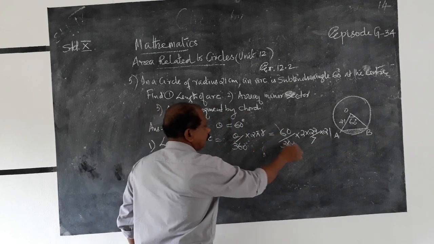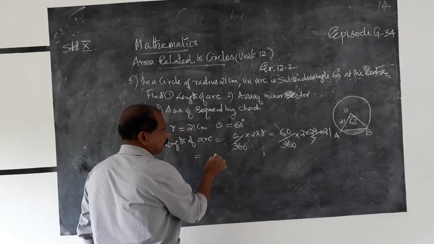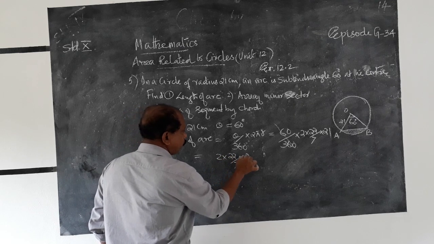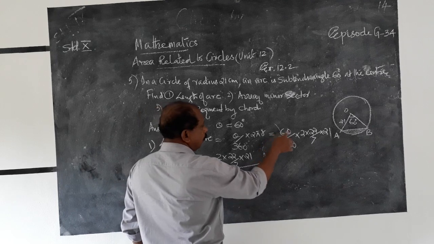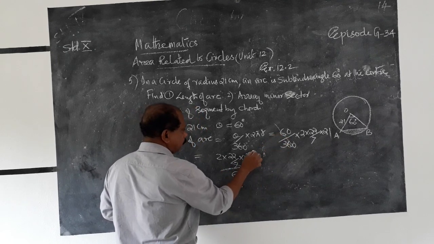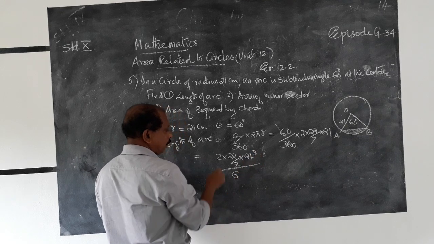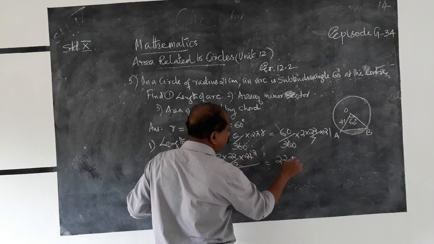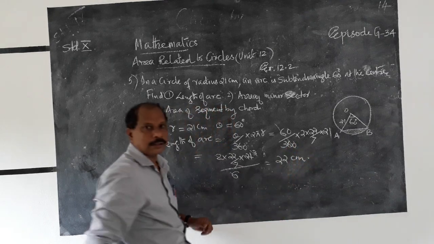That's equal to 63. That is 2 into 22 by 7 into 21 by 6. 7 and it is 3. 3 into 6 is equal to 22 centimeter.